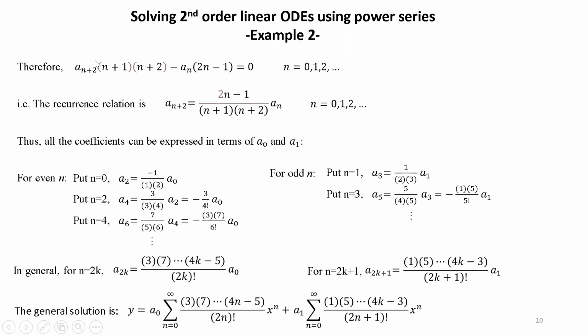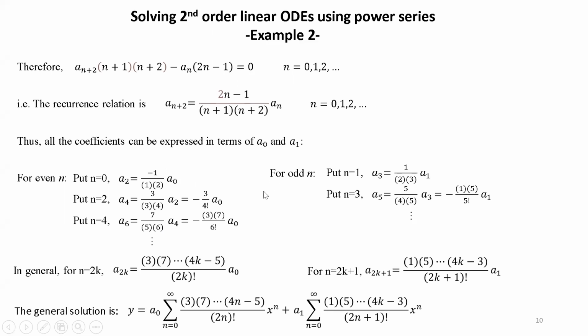Okay. Again, you can see a relation between a n plus 2 and a n, right? So this, I write it again here. So same idea as the last example, right? So I just separate two cases, odd and even. Okay, so for even, I can express all the terms in terms of A0, right? So for odd, I can express all the terms in terms of A1.